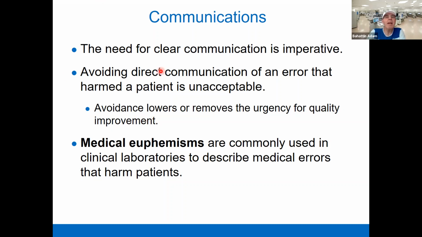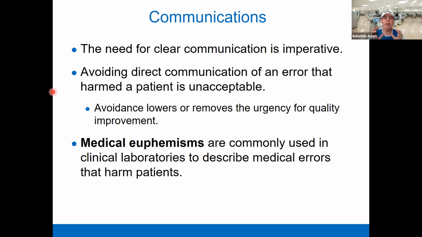Communication, as I said, and mitigating of the risk are two main goals that we apply to the clinical laboratory. The need for clear communication is imperative.